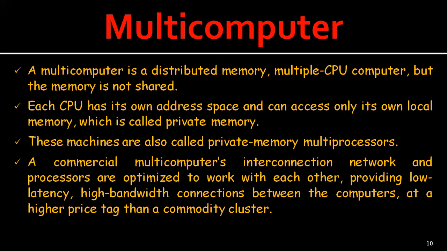We call these machines private memory multiprocessors, because there is no shared address space, and the only way for processes running on these different CPUs to communicate is through some type of message passing system. The architecture of this type of multi-computer typically supports efficient message passing techniques.